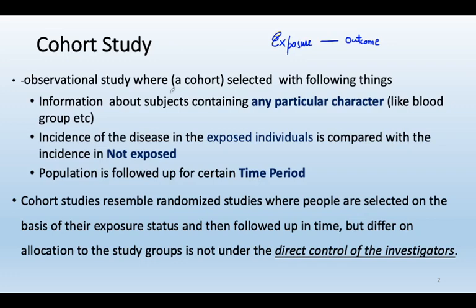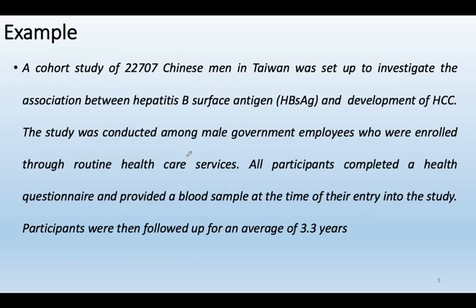While over here in a cohort study, you don't have any control. You are observing it and you are just reproducing the findings of your observation. So a cohort study is an observational study, and the investigator has no control on the allocation of individuals exposed and not exposed. All right, let me elaborate it with one example.